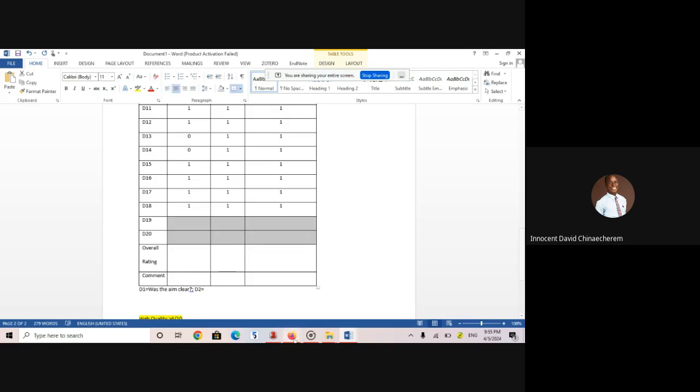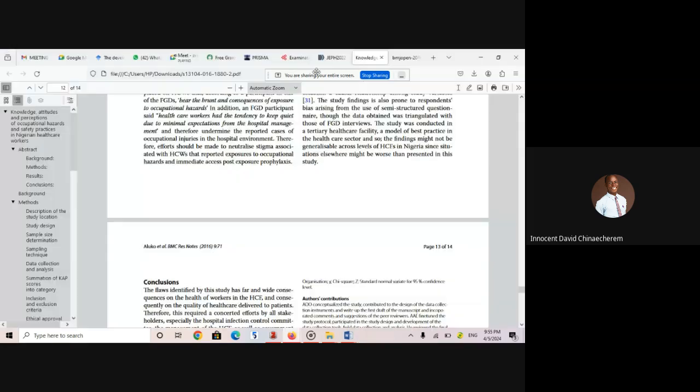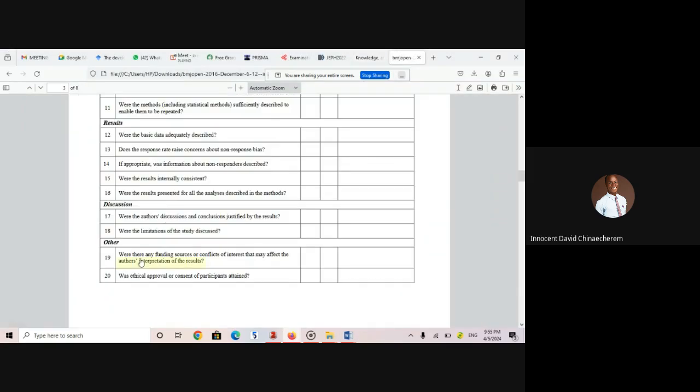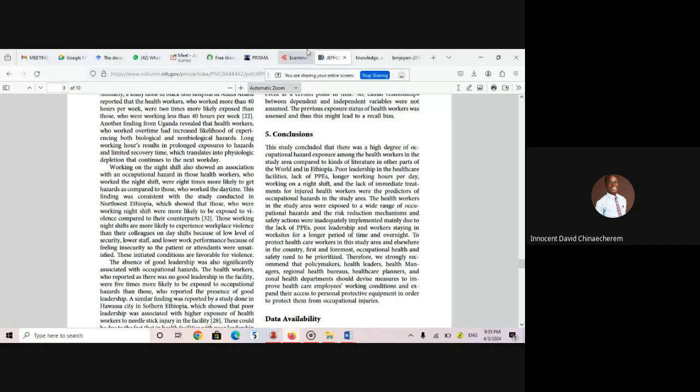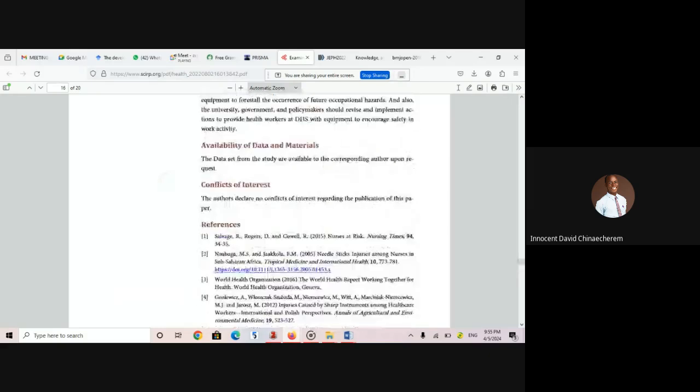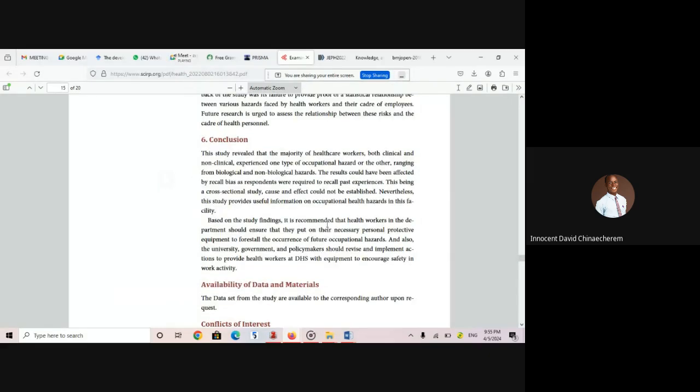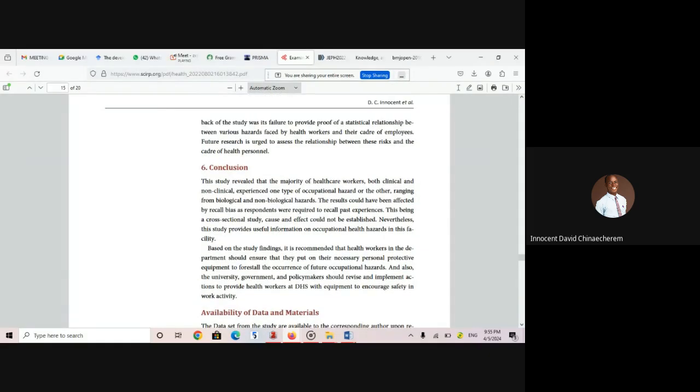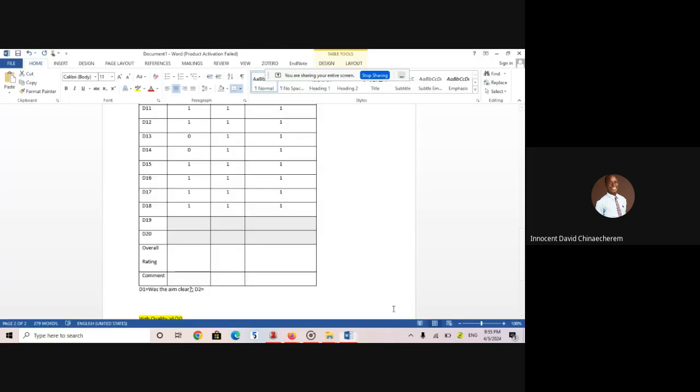Okay, so number 19. We are finally getting to an end. And were there any funding sources that may affect the author's interpretation of this? So for mine, it's going to be a no. There was no funding. I didn't get any funding, so that's going to be a 1.